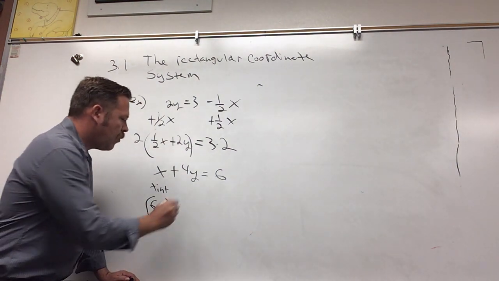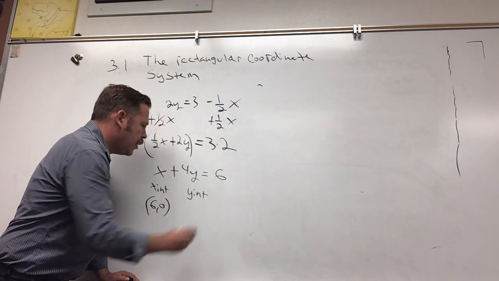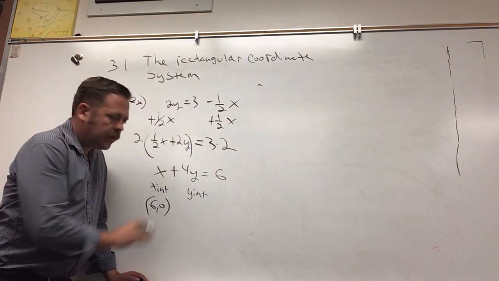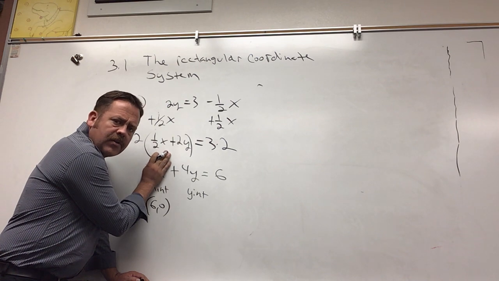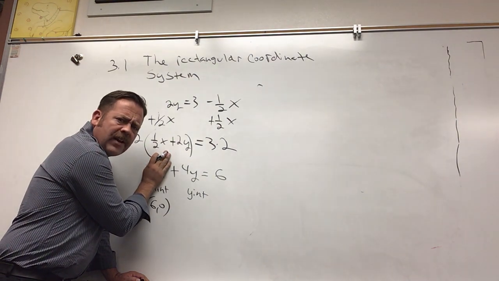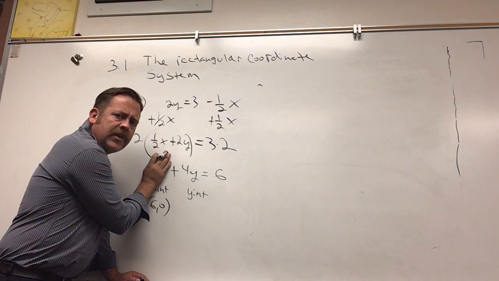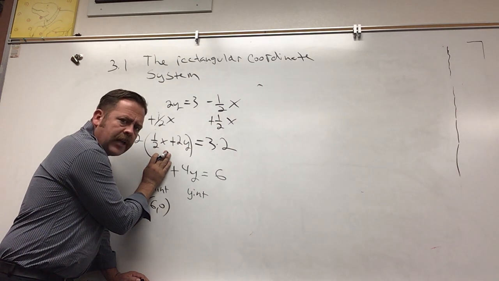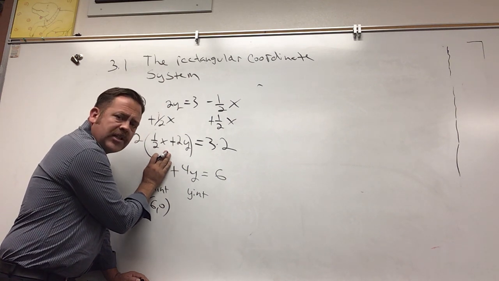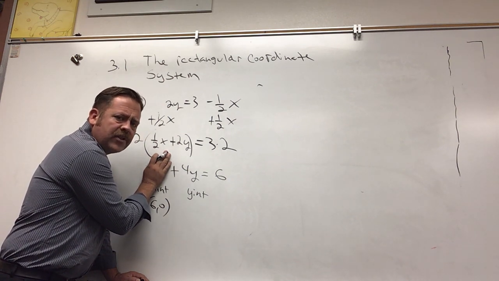Now, to find the y-intercept, I'm going to replace x with 0. This one's going to be a little harder, but look. If the x term is 0 and goes away completely, 4y is equal to 6, and how would we get y by itself? We would divide both sides by 4, right? And then y would equal 6 over 4, and 6 over 4 simplifies to 3 over 2.